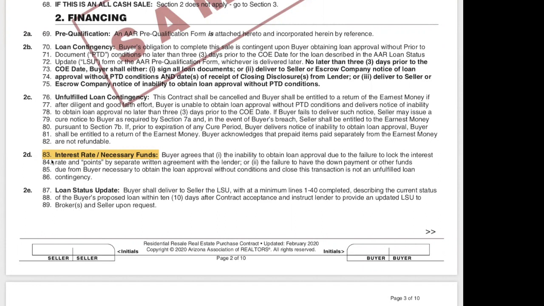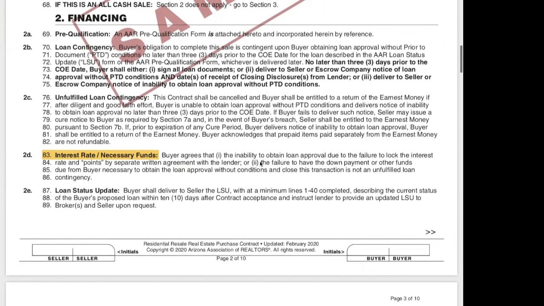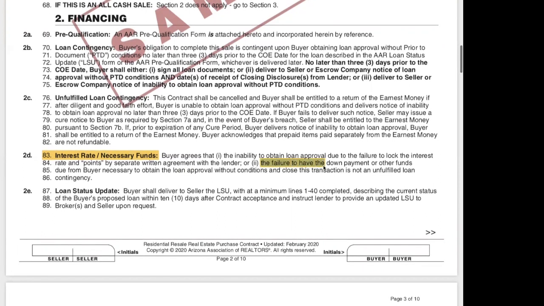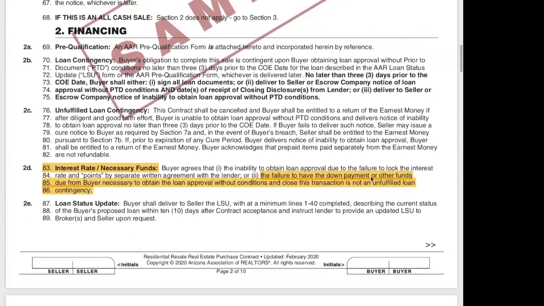But what still comes into play, and let me highlight it for you: the failure to have the down payment or other funds due from buyer necessary to obtain loan approval without conditions and close the transaction is not an unfulfilled loan contingency.